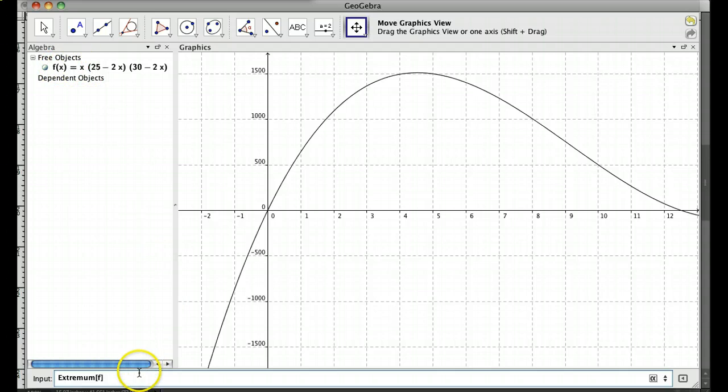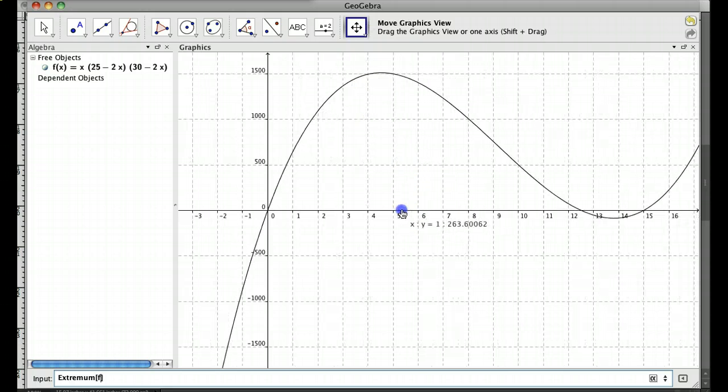This is an internal function of this software that helps you find the extreme values for x. When I pull this back a little bit, you can see there should be one local maximum and one local minimum here. Let's see. Okay, there are 2 points labeled after I hit enter.